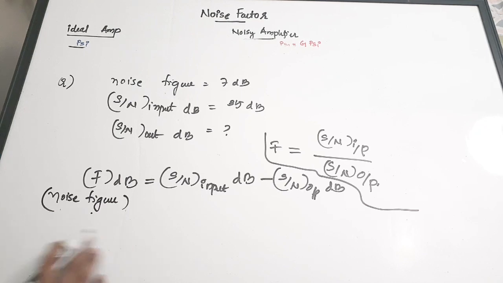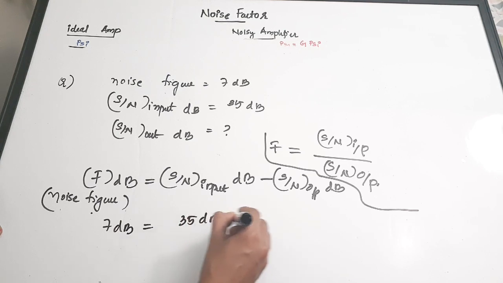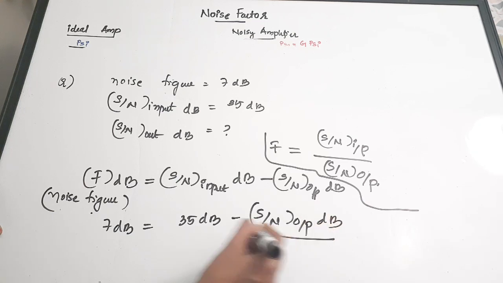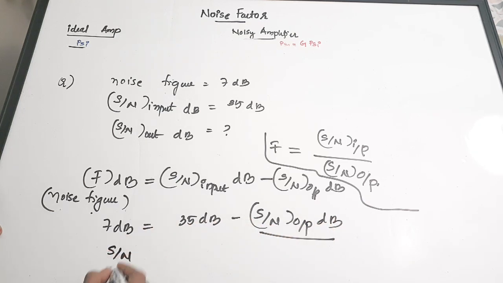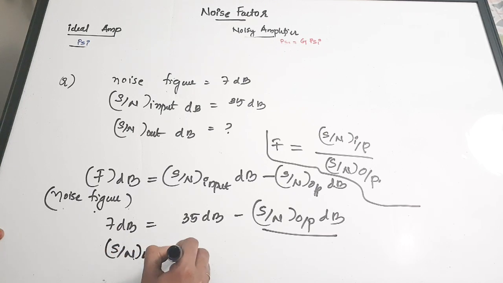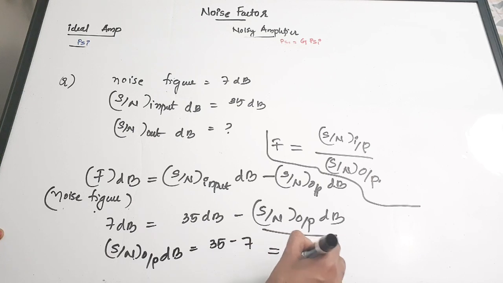So here directly noise figure is given to us, that is 7 dB equal to 35 dB minus S by N output in dB. For calculating this, you have to take S by N output in dB is equal to 35 minus 7, which is equal to 28 dB.